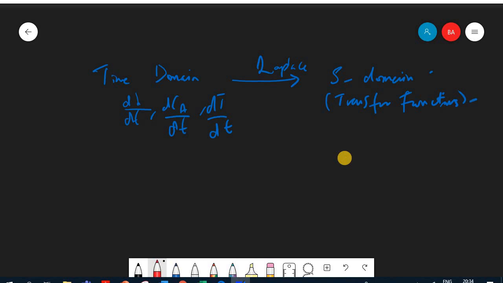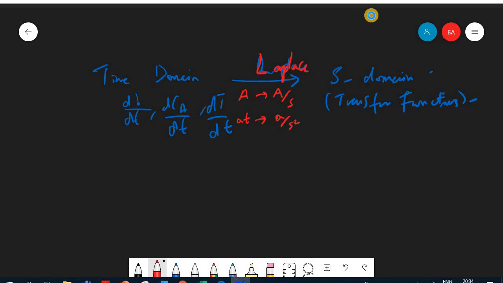And how to undergo Laplace. We already have taken some examples of how to do Laplace. For example, if it is a constant a, it becomes a over s. If it is a ramp, for example, a t, it becomes a over s squared.